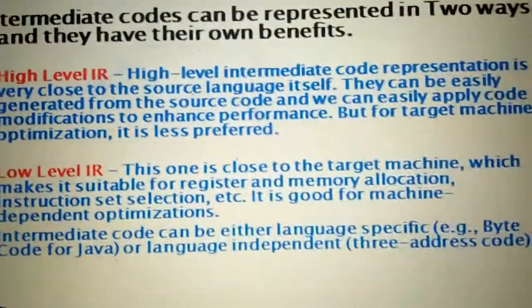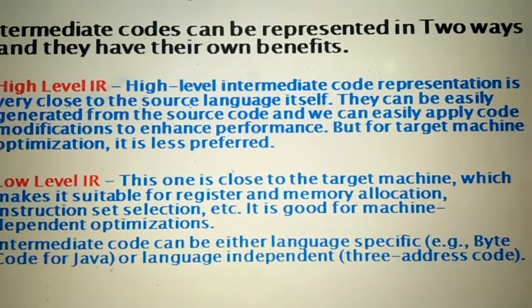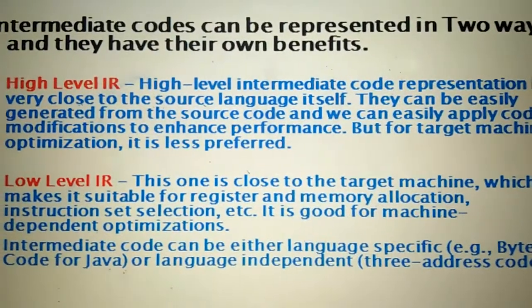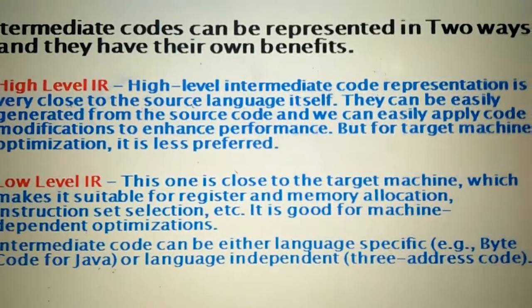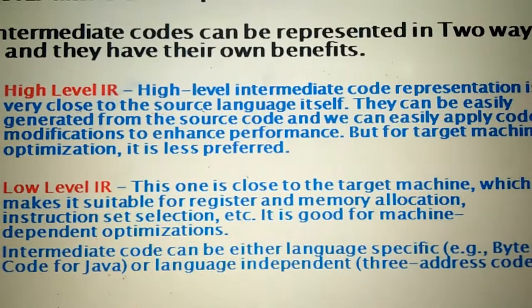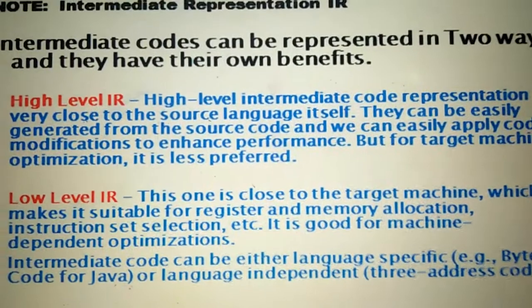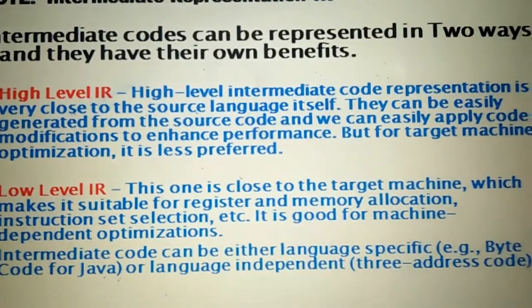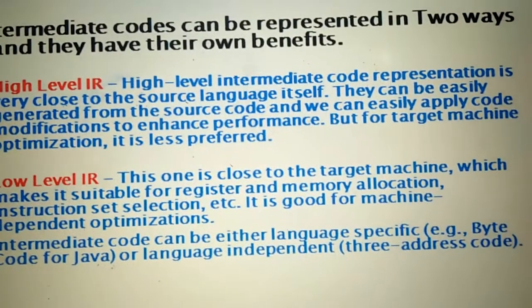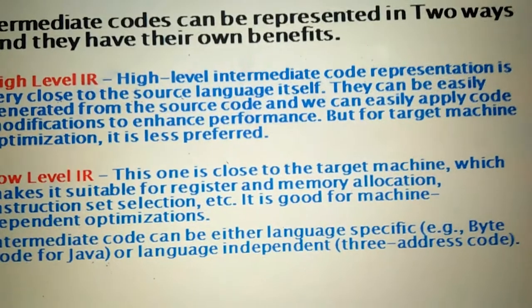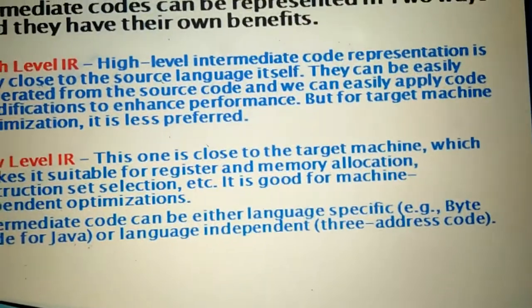One thing we have come to know from these points: the target code cannot be modified, and the target code is machine dependent. In Java, the byte code is the target code, whereas in other languages the target code depends on the language.